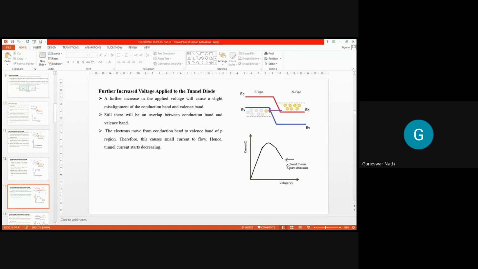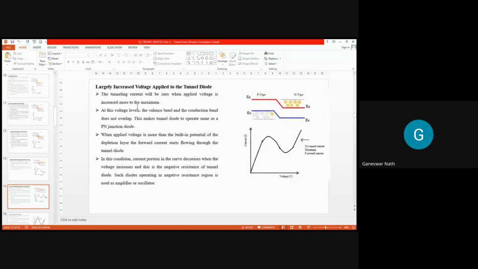Again, when a large voltage is applied, you can see the energy level in N type is highly enhanced, whereas in P type it decreases. The current initially increases, reaches a maximum, then decreases, and again increases due to more movement of electrons from the N side to the P side.